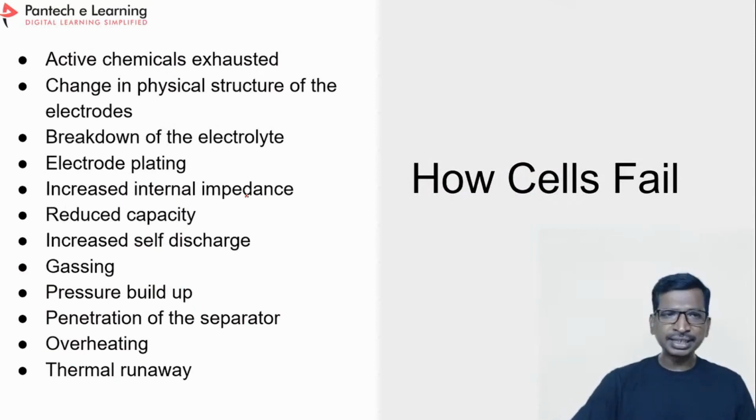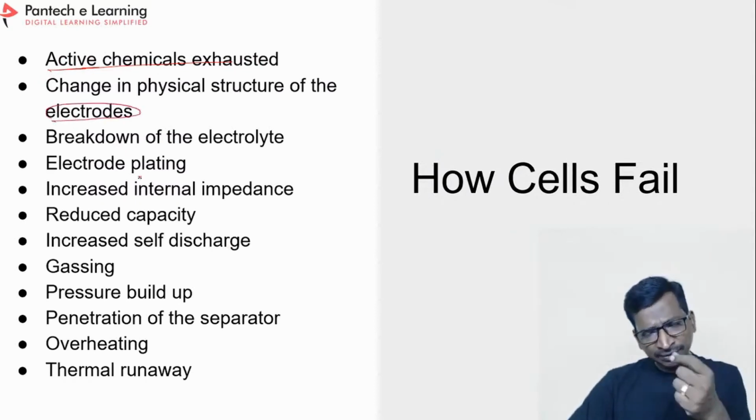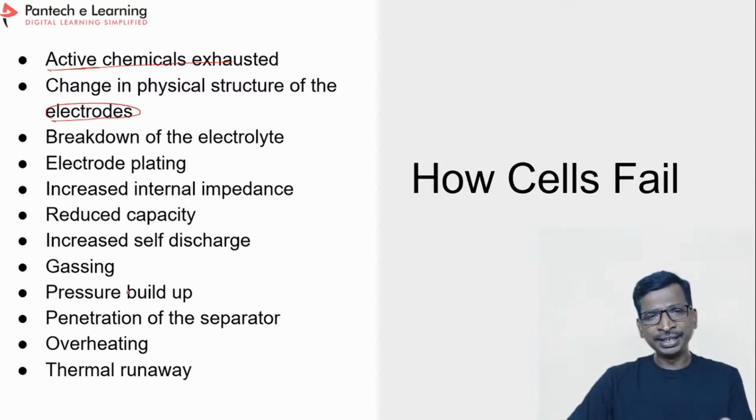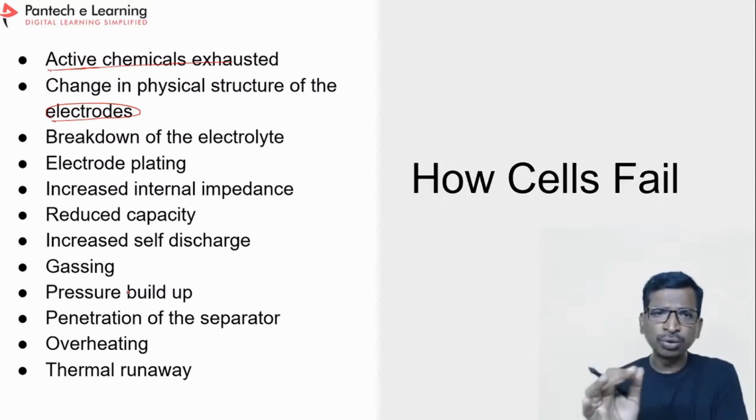First point is the active material: if there is an absence of the active material, then the cell will get damaged. Similarly, the electrodes: due to corrosion, if the electrode shape, physical structure or strength is damaged, then again the battery cell is going to be damaged. And the electrolyte material: if the strength of the electrolyte material breaks down, the cell will get damaged.